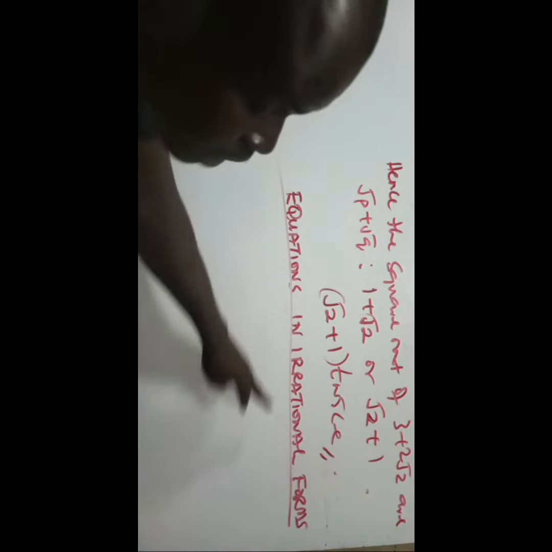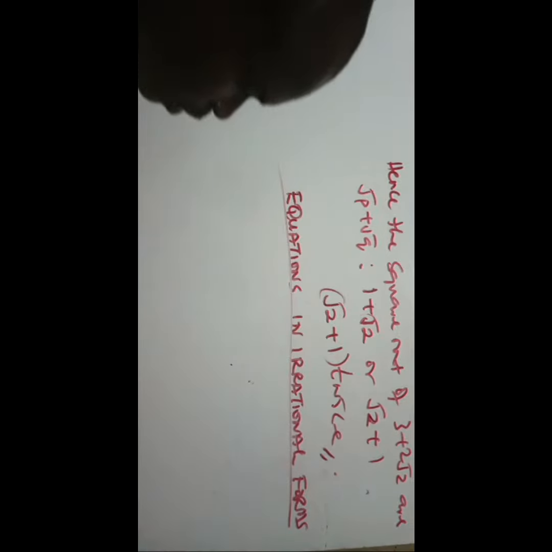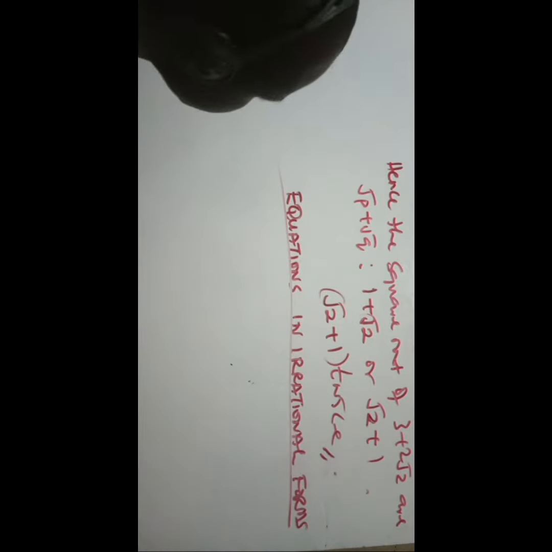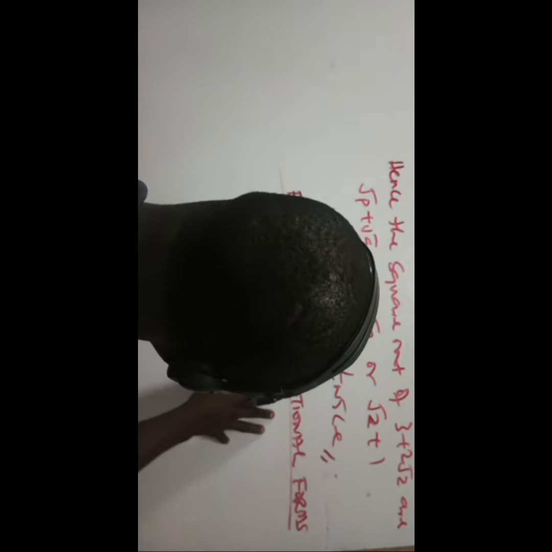We know that the concept of surds comes into being because of irrational numbers. Had it been that we don't have irrational numbers, there won't be anything called surds. So how do we approach equations that have irrational form? I will just use this example to explain. Let's say example 7.